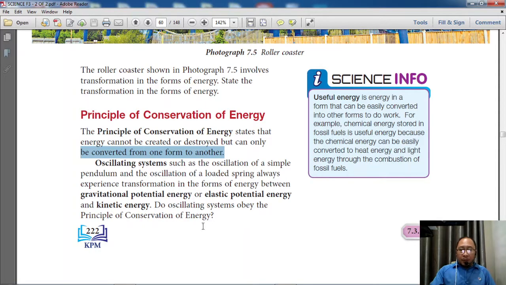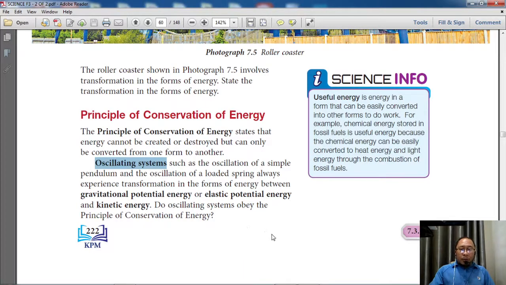Now, oscillating systems, such as the oscillation of a simple pendulum and the oscillation of a loaded spring, always experience transformation in the form of energy between gravitational potential energy or elastic potential energy and kinetic energy.